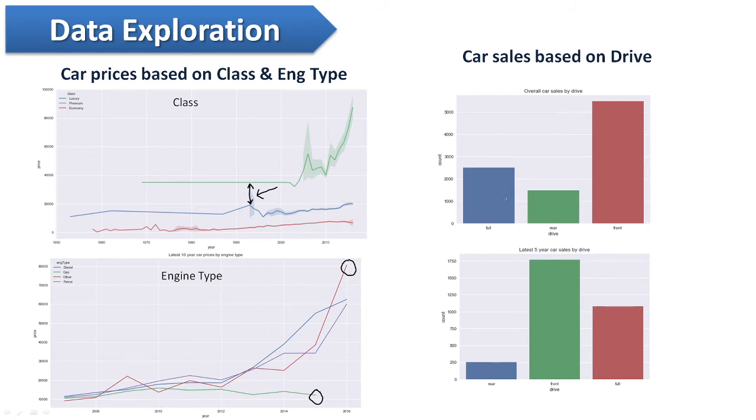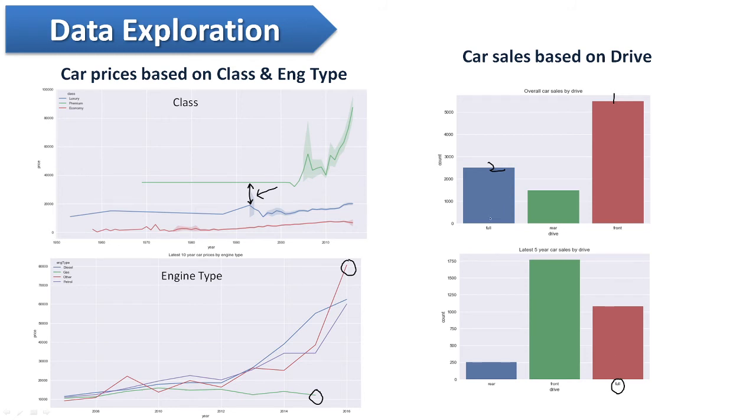And we can also see the front-wheel and four-wheel drive cars are mostly sold here. We can see these take the top positions, and in recent days the four-wheel drives have increased further. This is the overall car sales. But if you see the last 5 years, the car sales for four-wheel drives have increased even further.